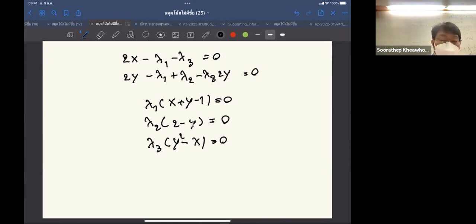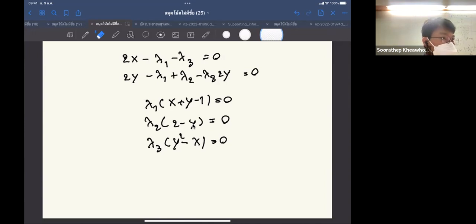So I leave you to solve it, for x and y, lambda 1, lambda 2, lambda 3. Okay. We can start from this one first: lambda 1 times (x plus y minus 1). You see that lambda 1 can be 0, right?